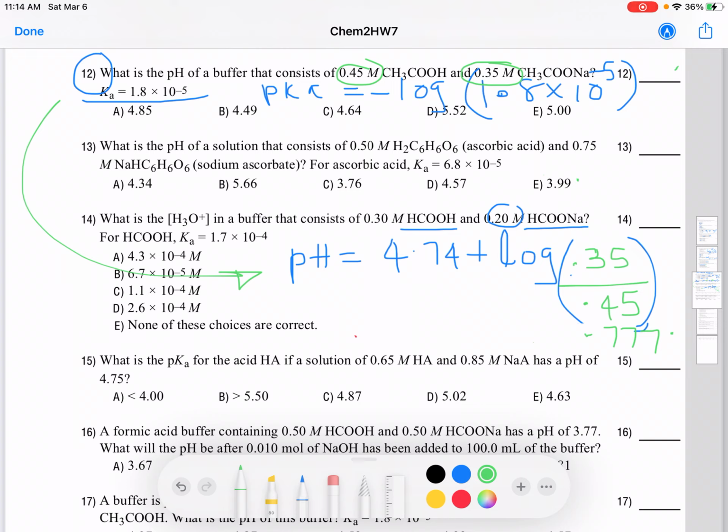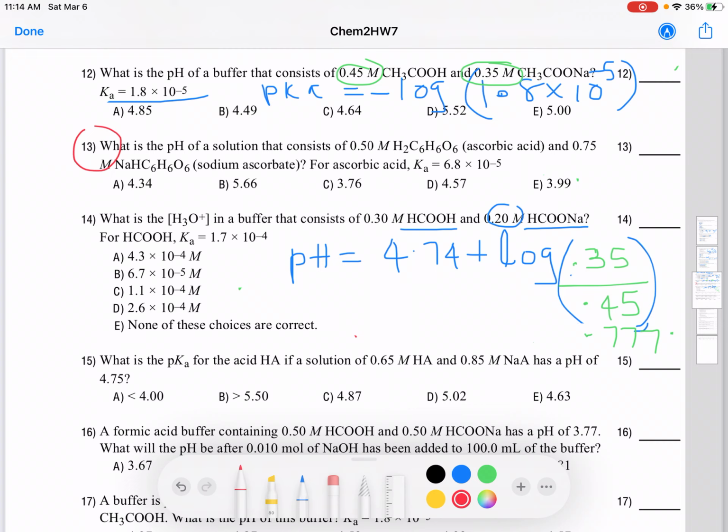Okay, now we are looking at number 13. What is the pH of the solution that consists of 0.5 molar ascorbic acid and 0.75 molar sodium ascorbate, with the ascorbic acid Ka given?